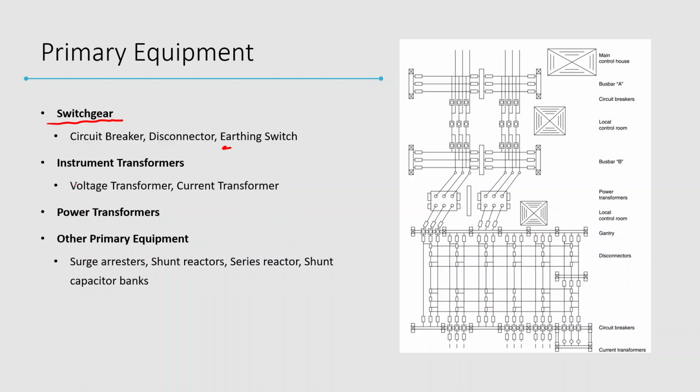Then we have instrument transformers to measure voltage and current, so the voltage transformers and the current transformers, and we also have the power transformers, which are used to transfer the power and step up or step down the voltage, right? And there are other primary equipment such as surge arresters, shunt reactors, series reactors, shunt capacitor banks, etc., which you can see in the substation depending on the substation configuration.